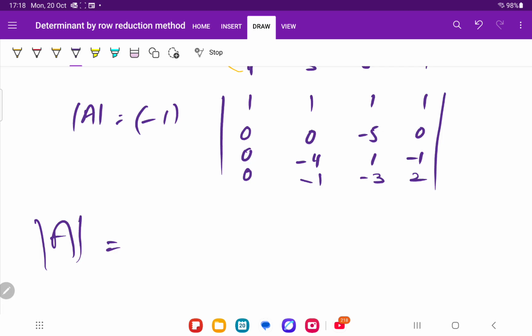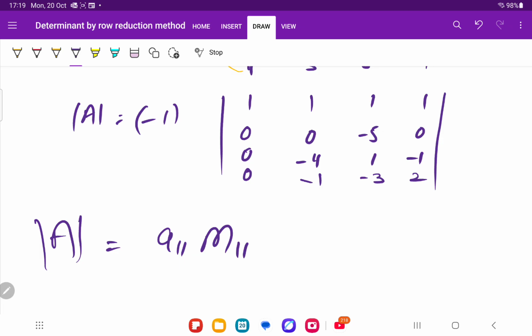After that, what is to be done? You have to pick a row or column which has the most zeros. Column 1 has the most zeros. In column 1, the leading element is A11, and correspondingly you have to pick M11.